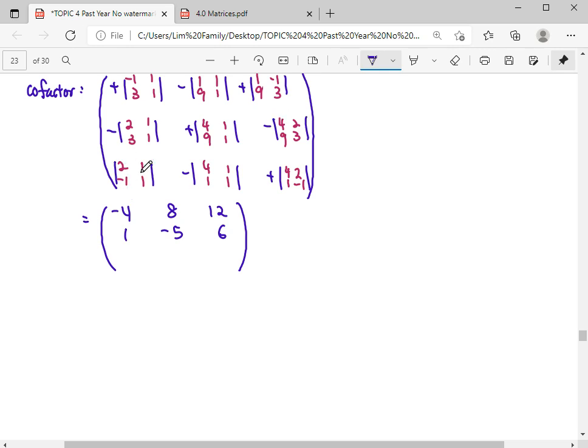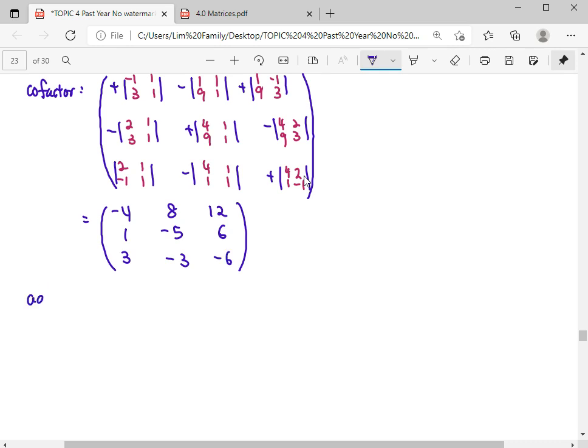So 2 minus negative 1 becomes 3. Then 4 minus 1 becomes 3, with a negative in front. Lastly, negative 4 minus 2 is negative 6. So this is our cofactor.